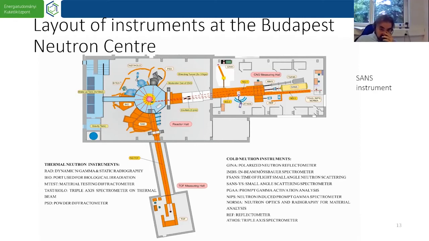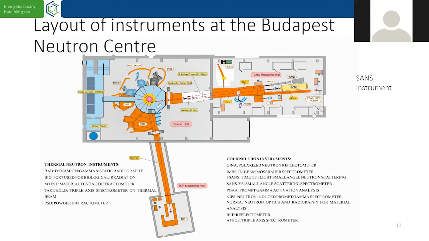And the first question was, what kind of neutron sources are usually used? Well, the most common is the nuclear reactor. This is the traditional one.